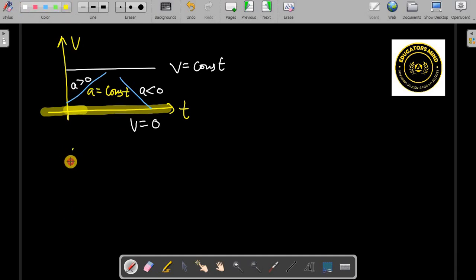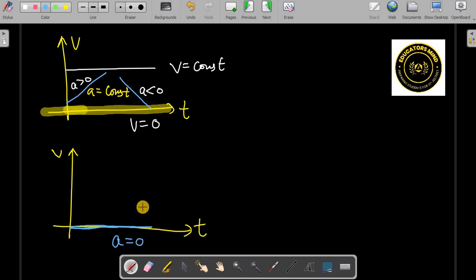Now if you want to show here variable acceleration and zero acceleration, how do you show? Zero acceleration can be shown by this. Acceleration 0. This line also represents zero acceleration. Acceleration 0 means velocity is constant.